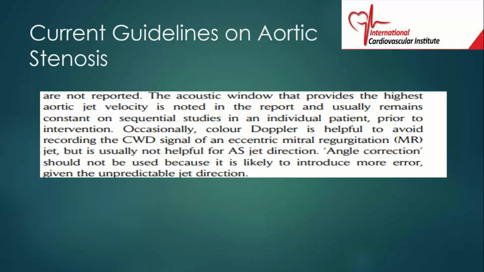The MR jet is usually 5 meters per second or greater. And another thing that we use is that if you look at the MR envelope, it doesn't have an IVRT, whereas your aortic envelope would have an IVRT or an IVCT.